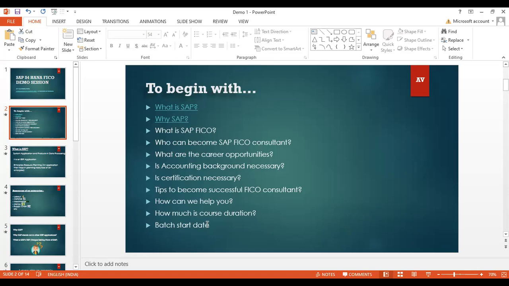And next is the batch start date. I'm planning to start the batch by 25th of July. Yeah, by 25th of July, I'm trying to start the batch. So that is my planning with this course, this batch basically. That's it from my side for the first demo session on SAP S/4HANA FICO.